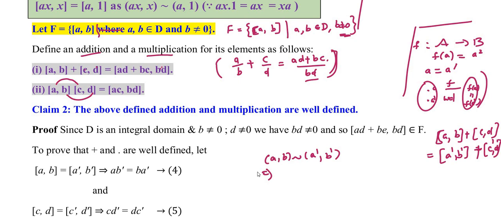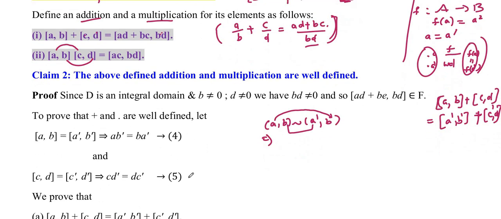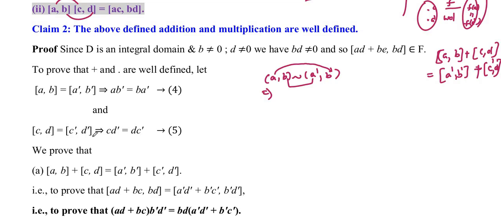By the definition of this relation tilde, this into this must be equal to this into this. So that is what is written here: A B prime is equal to B A prime. We shall name that as 4, and in the same way [C,D] equal to [C prime, D prime] implies that C D prime is equal to D C prime. Name that as 5.